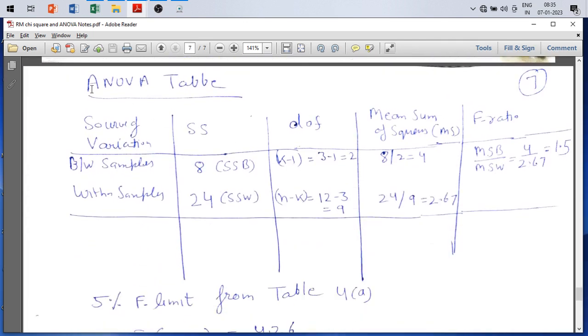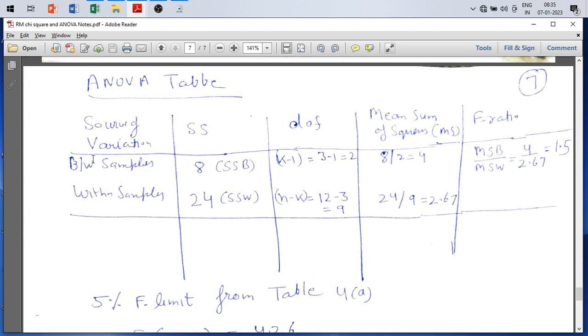So for that we construct what is called an ANOVA table. We write here source of variation, and in ANOVA we have split our variation into two sources, between samples and within samples. So this is SSB and this is SSW.